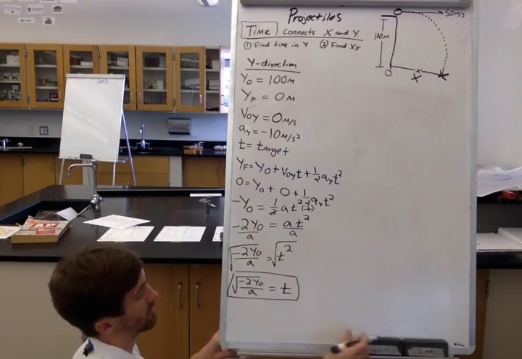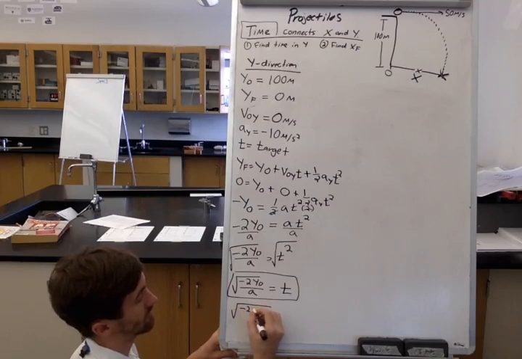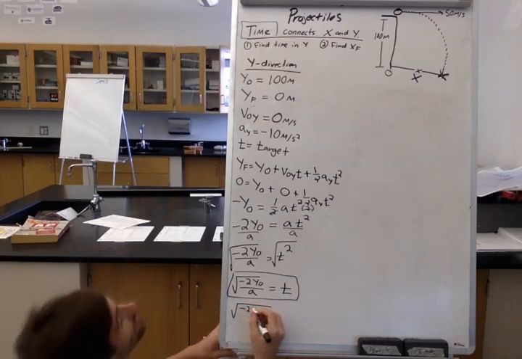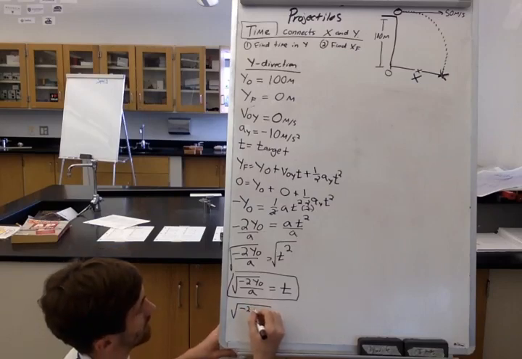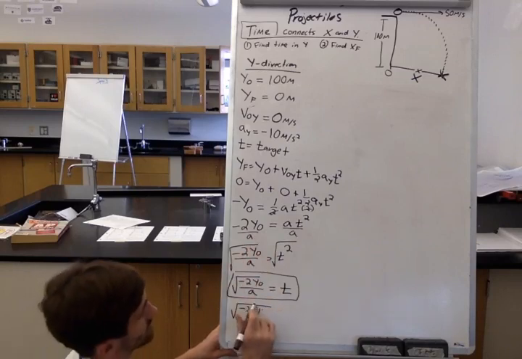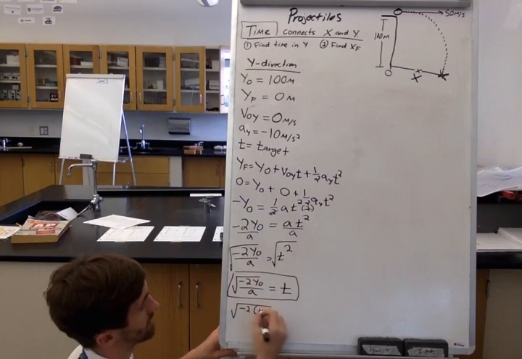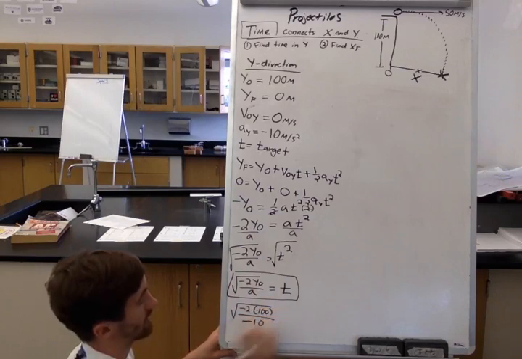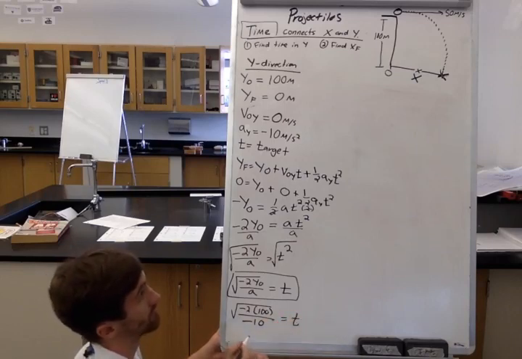And then I'm going to plug in my numbers. The square root of negative 2 times positive 100 divided by negative 10 equals time.